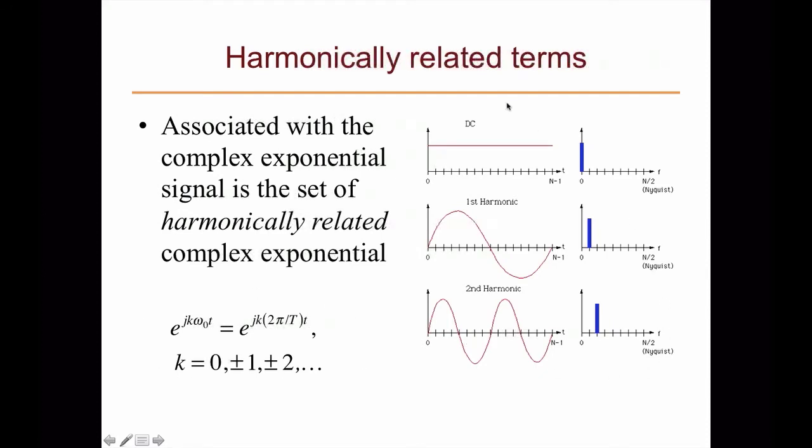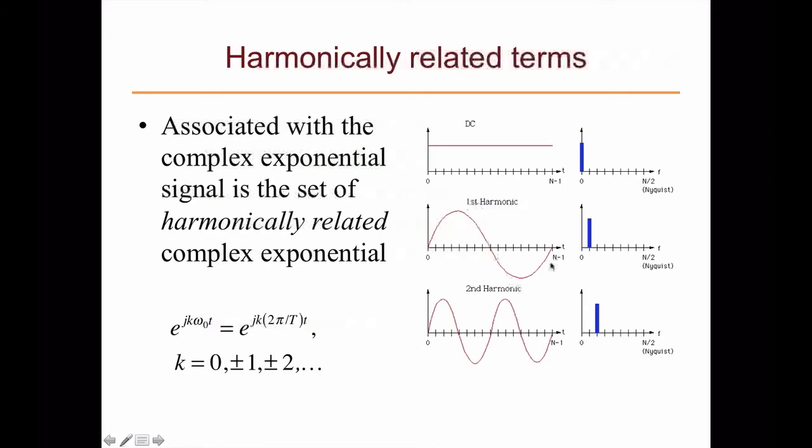Let's look at this right hand side. If you have a DC signal, what you have in the frequency domain would be 1 bar at the 0 index, which is k equals 0 multiplied by omega 0, which means that this is frequency of 0.